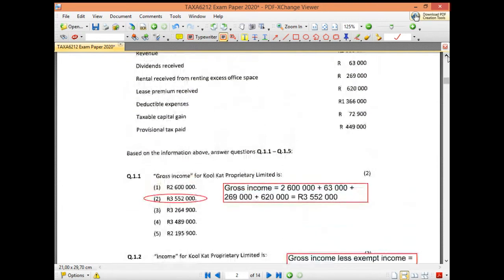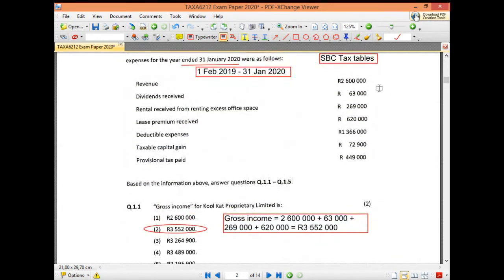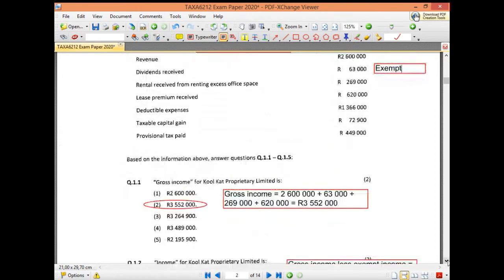Now, if we go back to the information they provided, we know that dividends received are exempt from tax, because normally the dividend withholding tax would have already been taken out before it got paid to a company. And based on the other revenue sources, we do not have government grants, and we do not have foreign dividends, which would have a partial exemption.